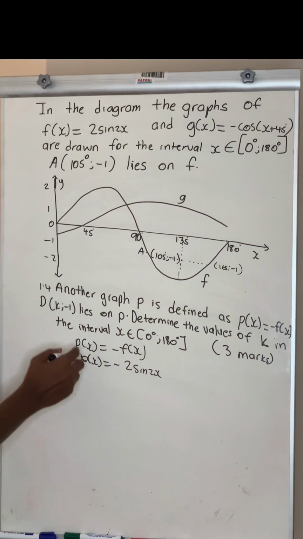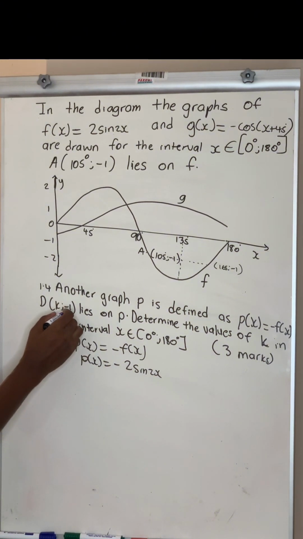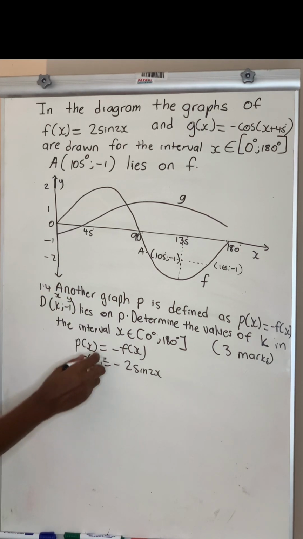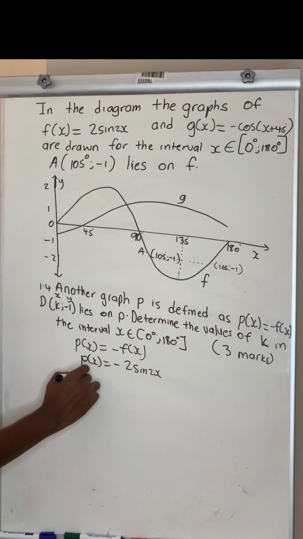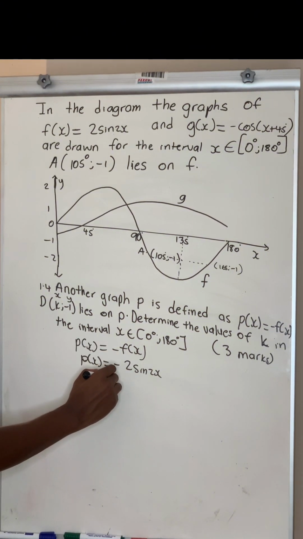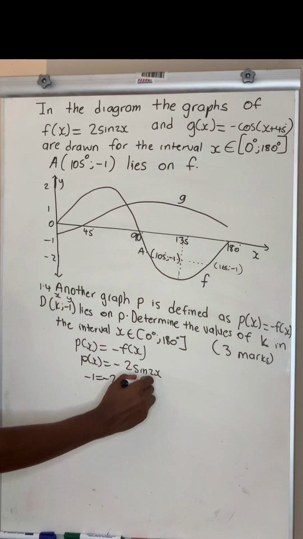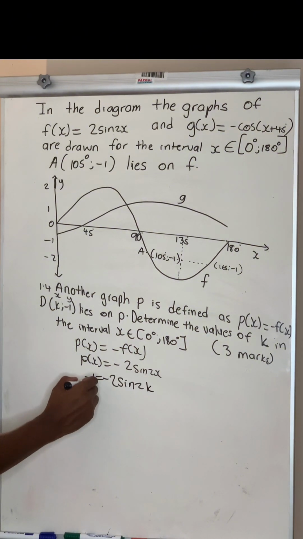So how can we find the value of k? We have this y value of negative 1. k is our x value. Okay, so let's just simply substitute this point into this function. So y is negative 1 is equal to negative 2 sine 2x, where x is k, so 2k.